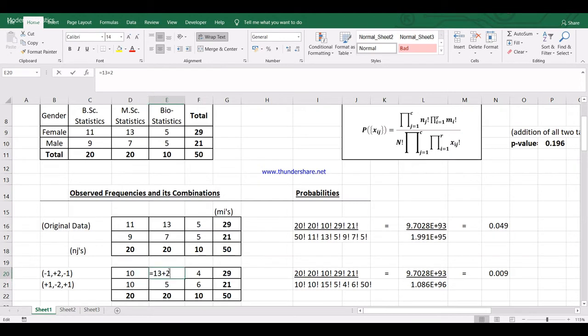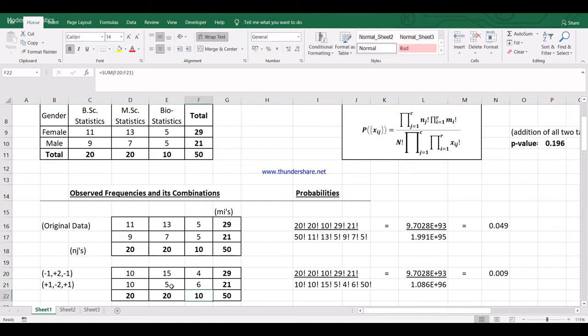Then in the second column I added 2, and then in the third column I subtracted 1 from the observed value, that is minus 1. In the second row, as in the first row I had subtracted 1, I had to add 1. So here I would subtract 2, and here I would add 1.